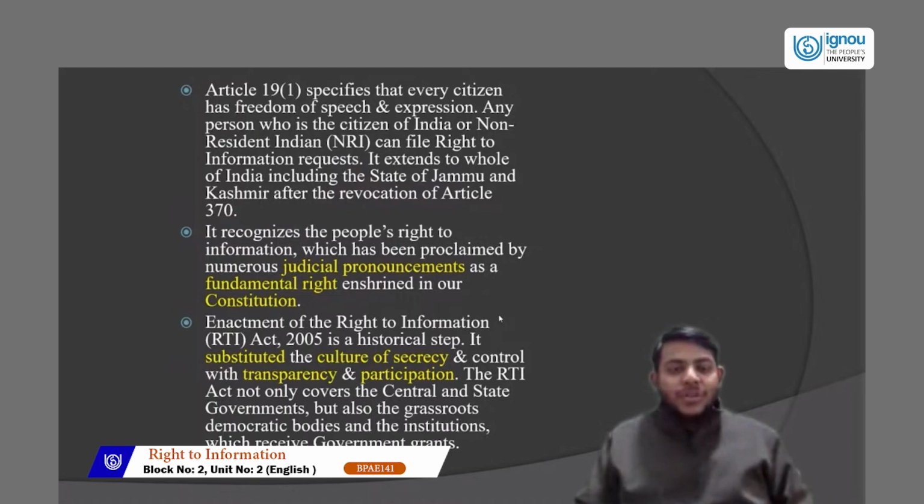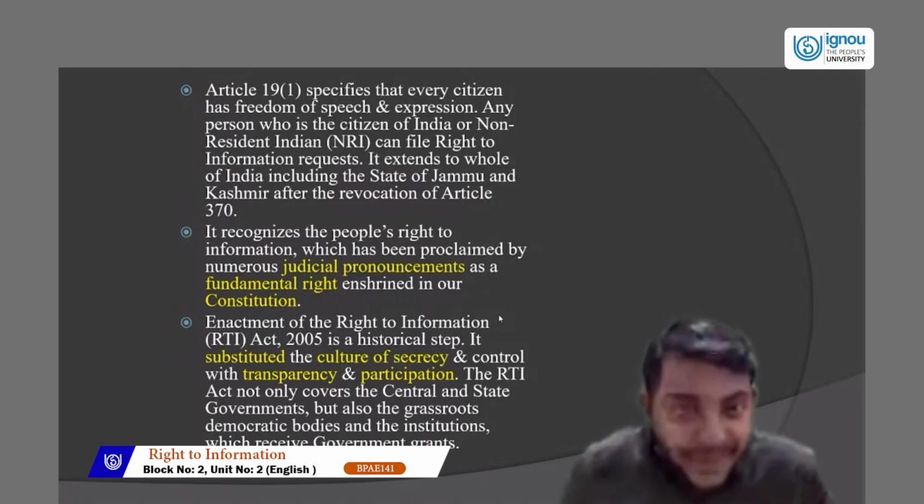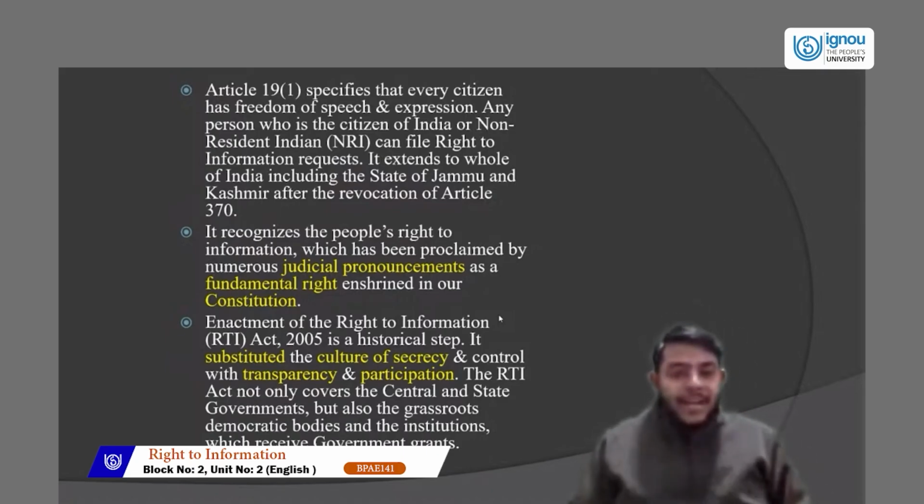So this extends to the whole of India, including the state of Jammu and Kashmir after the revocation of Article 370. And it is recognized that the people's right to information, which has been proclaimed by numerous judicial pronouncements as a fundamental right, is also enshrined in our constitution.